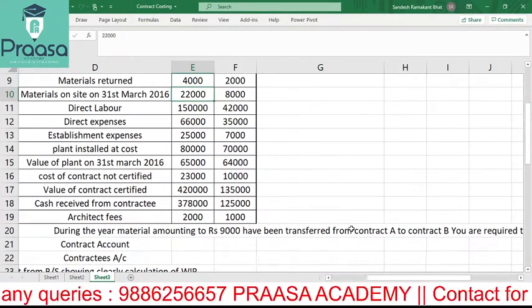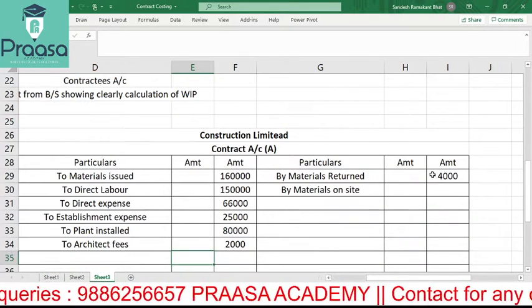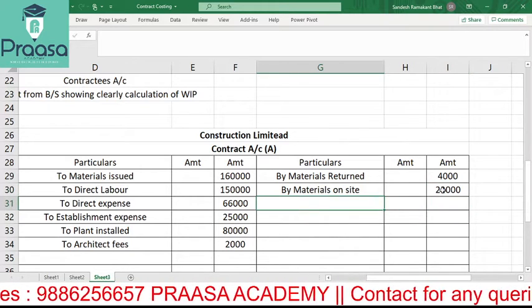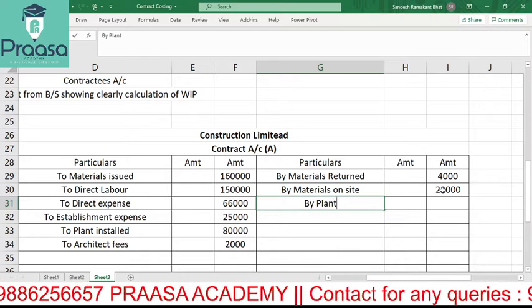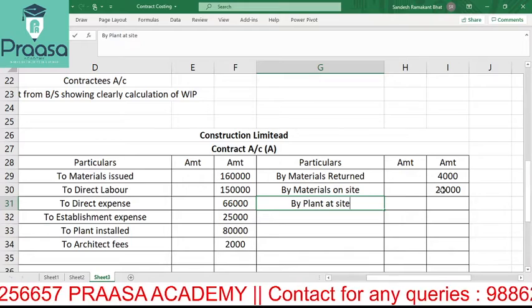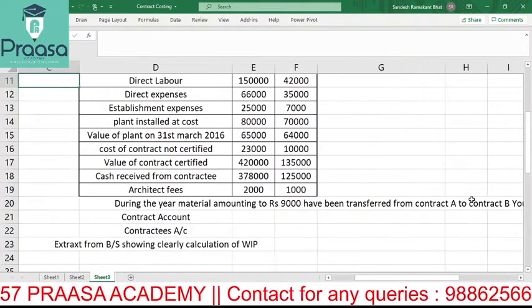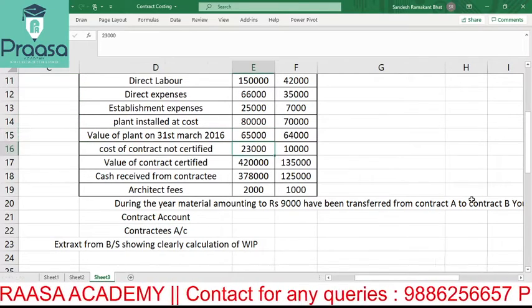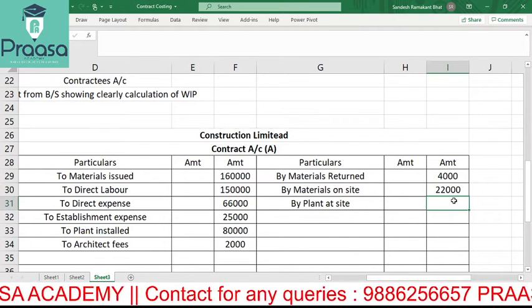Materials on site on 31st March 2016 is 22,000. By plant at site. How much? Value of plant on 31st March 2016 is 65,000. Directly consider that.